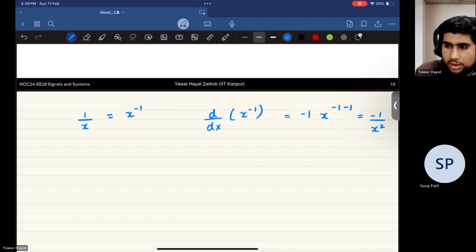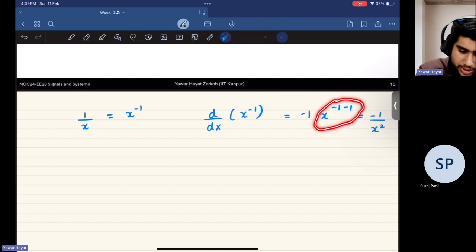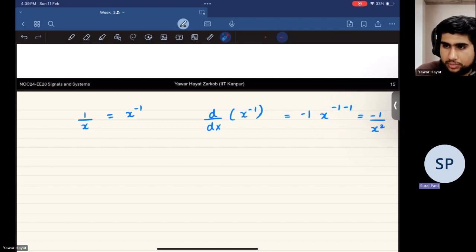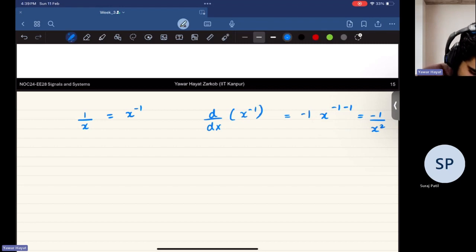Would it be this x raised to the power minus 2? I've taken that in the denominator, x squared, right, sir? Fine. So the derivative of 1 over x gives us minus 1 by x square.